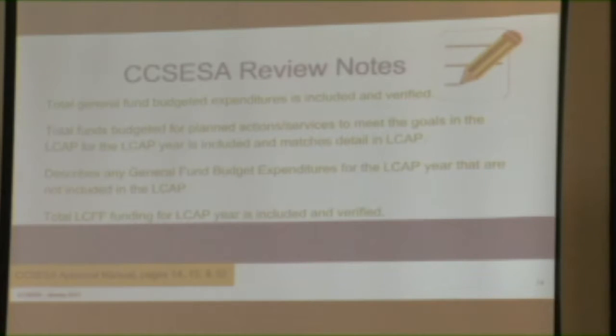Box number 2 will have all the dollars set aside for the planned services and actions to meet the goals of the LCAP within the year. Box 3 will be the description of all the general fund expenditures that are not included in the LCAP. And finally, the final box will have the expected funding through the LCF funding formula.